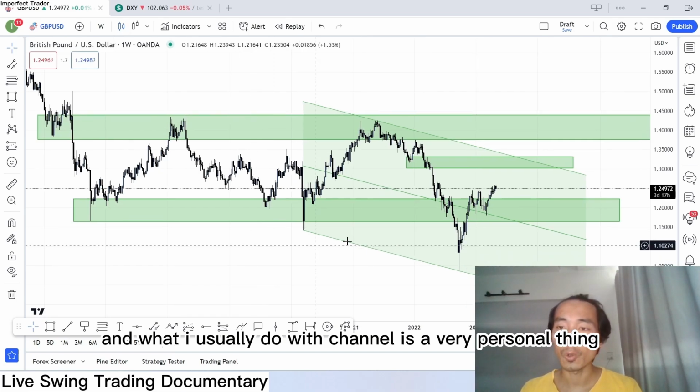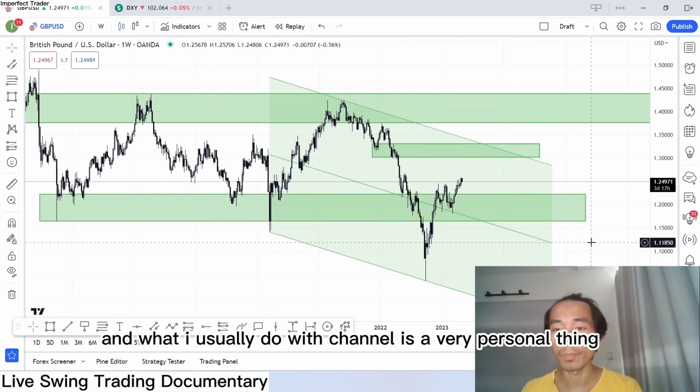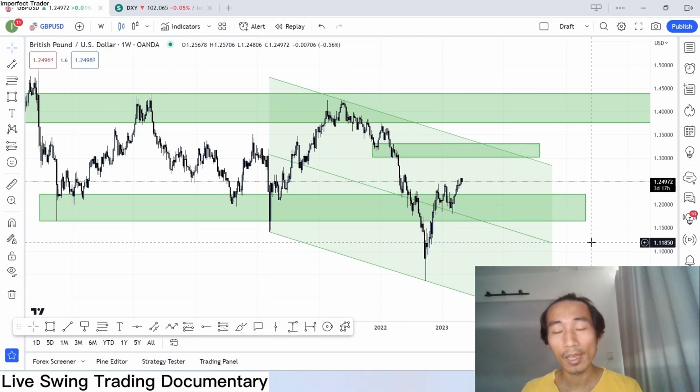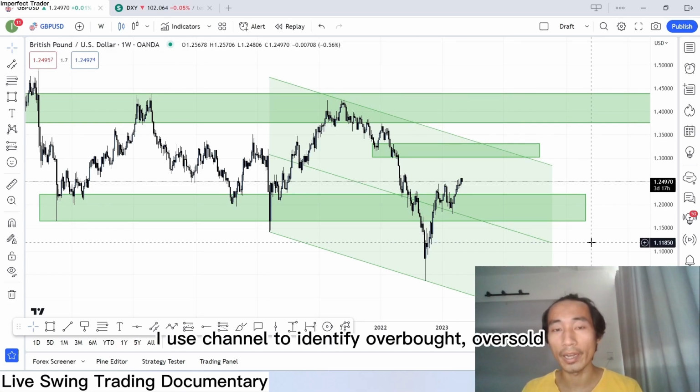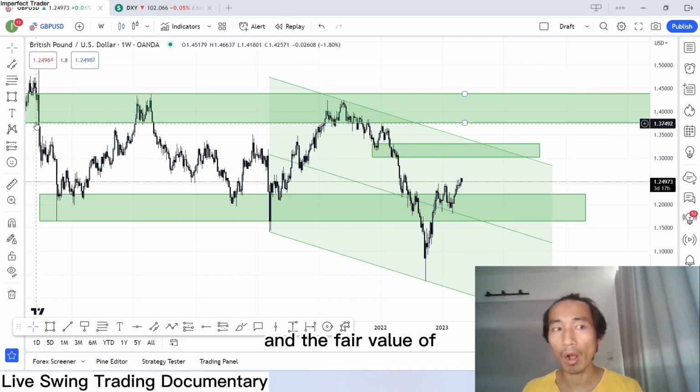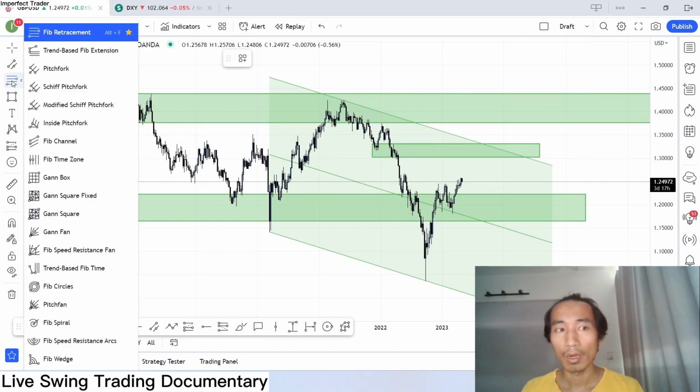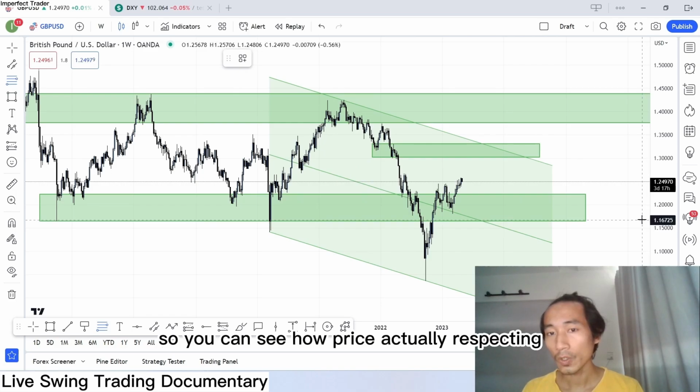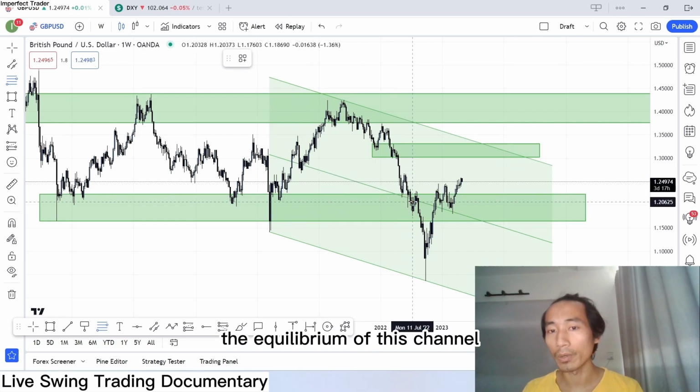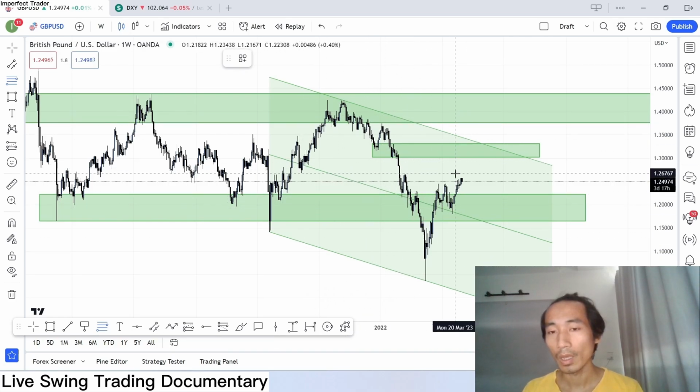What I usually do with a channel is a personal thing. I use a channel to identify overbought, oversold, and the fair value of the pair I'm trading. You can see how price is respecting the equilibrium of this channel.